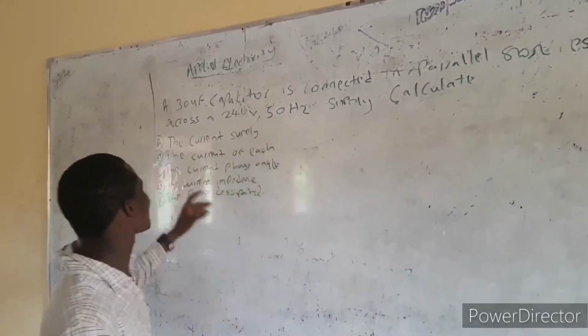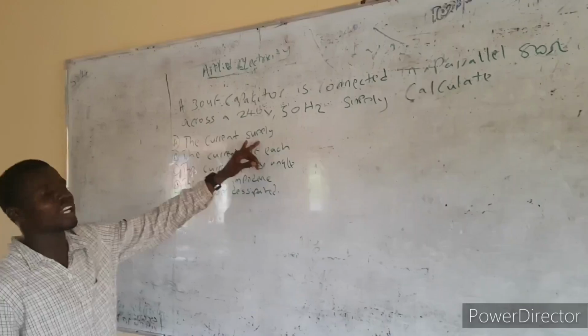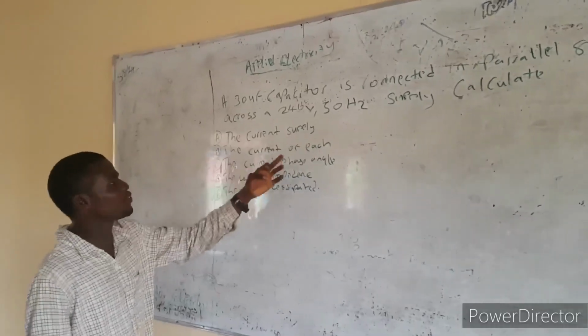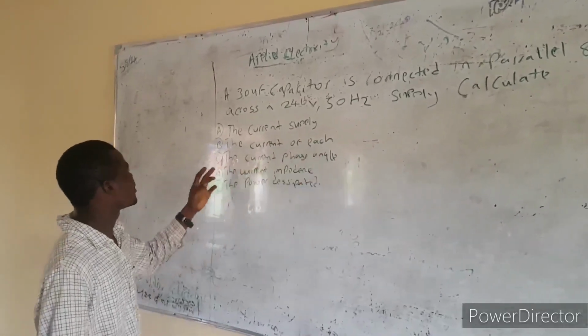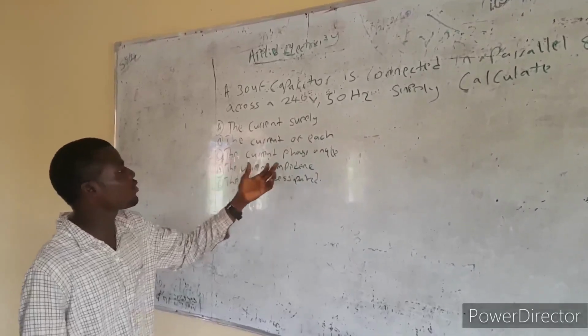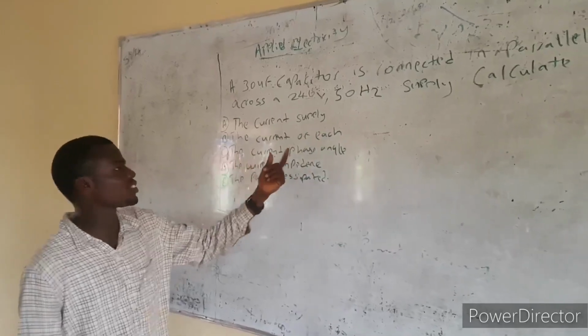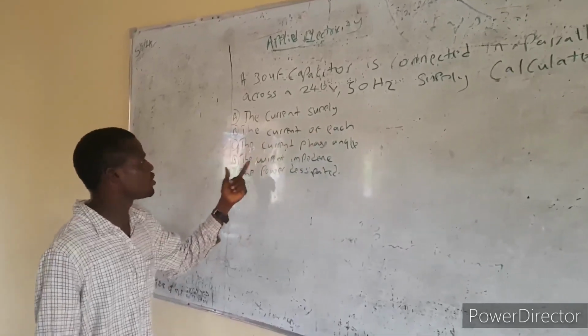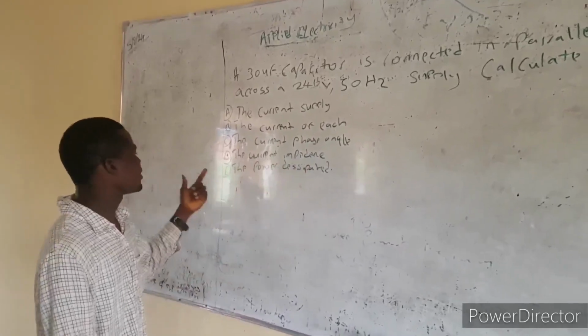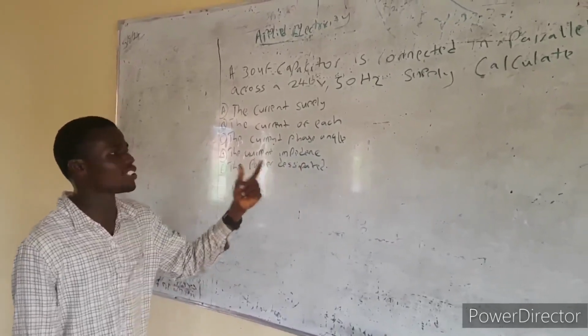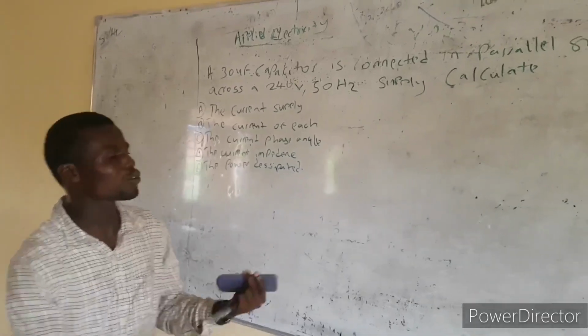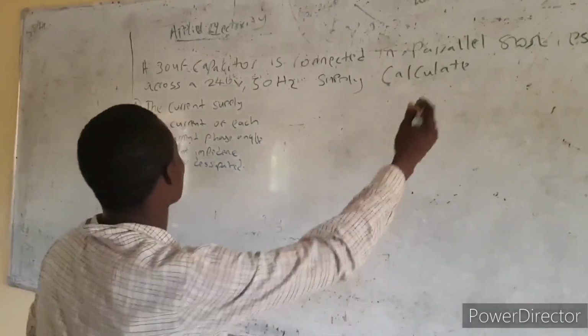We have to calculate A, the supply current, B, the current of each branch, C, the current phase angle, D, the circuit impedance, and E, the power expected. Before we solve, we have to bring out our values.